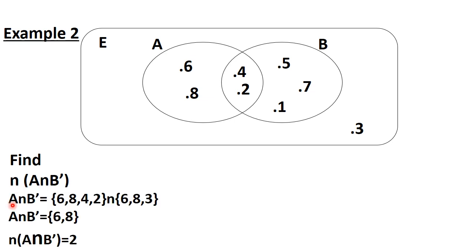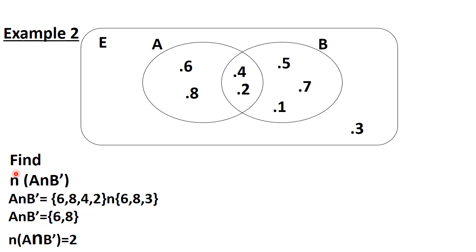So the first stage, A intersect B complement, we listed elements in A and also in B complement. So A is 6, 8, 4, 2, and B complement is 6, 8, 3. So what members are common in A and B complement? It's 6 and 8. So A intersect B complement is 6 and 8.